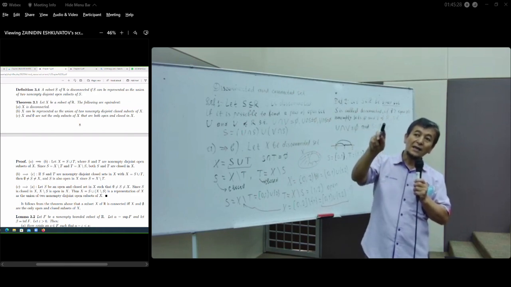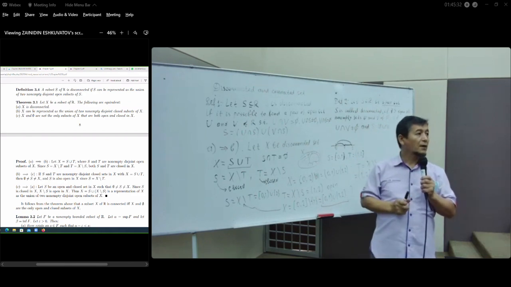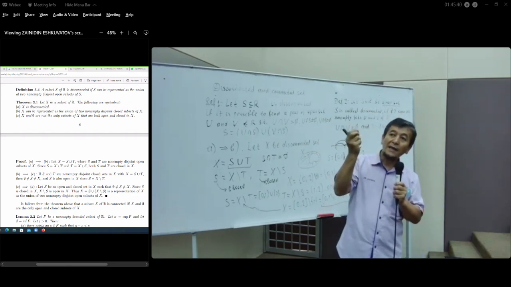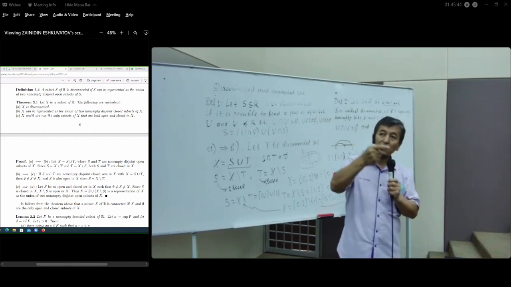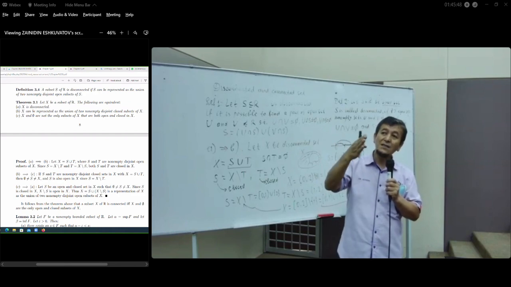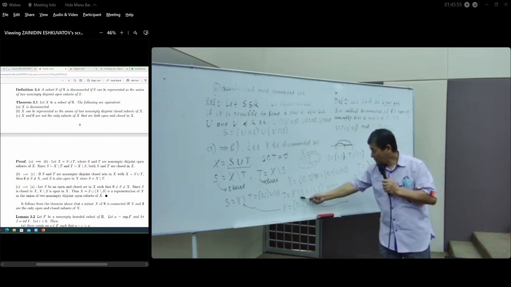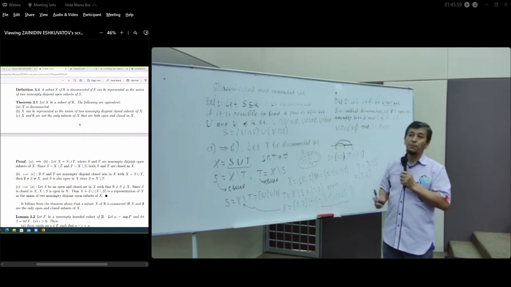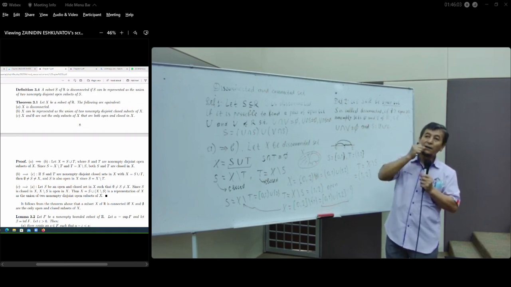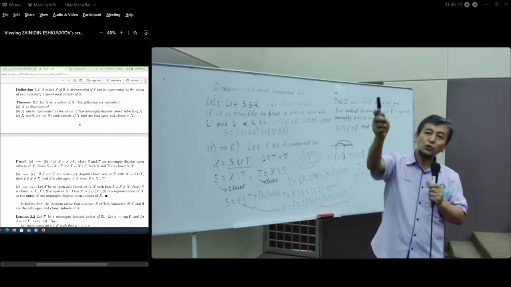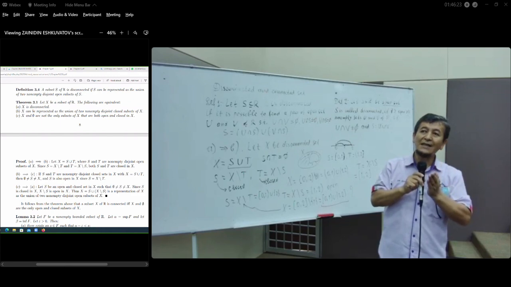Since S is closed in X, X minus S is open. If S is a closed set and X is an open set, then I'm taking out S, so X minus S is an open set in X. Since X is the union of this, it is the representative of X as a union of non-empty disjoint open sets of X. But how to construct S to be open and closed in X at the same time?